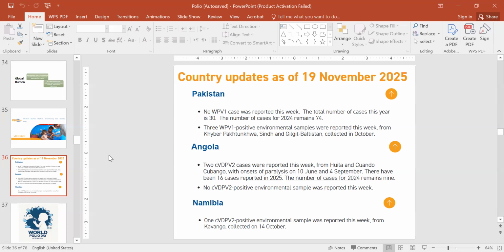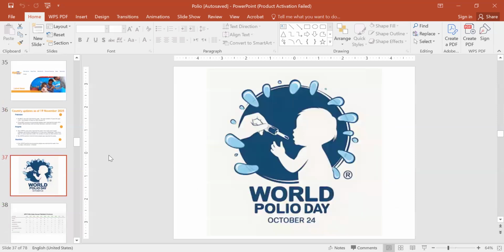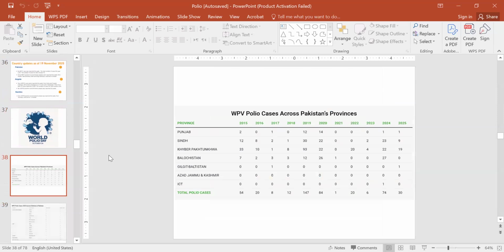Then another country is Angola, where two CVDPV cases were reported in this week, and in Namibia, one CVDPV type 2 positive environmental sample was there. World Polio Day is celebrated on 24th of October.